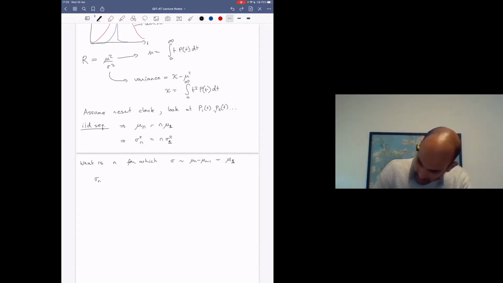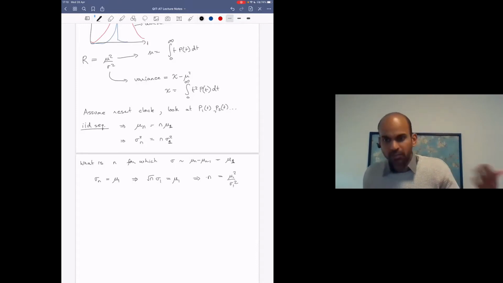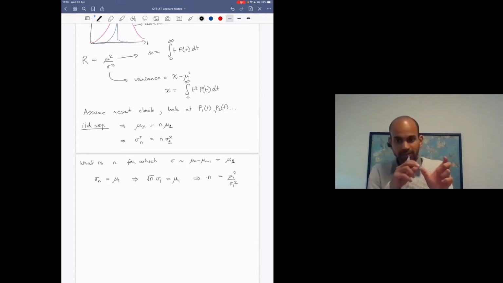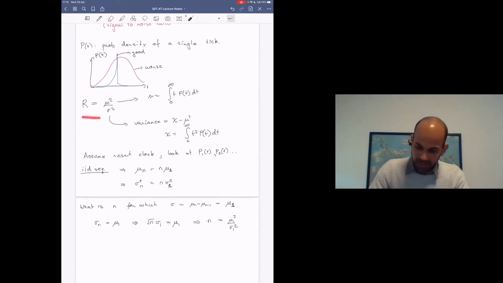Oh, sorry, sigma n must be equal to mu1, which means that square root of n times sigma 1 must be equal to mu1, which means that n is equal to mu1 squared over sigma 1 squared. Which means the average number of ticks before the clock is so uncertain that the uncertainty is of the order of the period between ticks is exactly this ratio mu squared over sigma squared, which is why we define it as our precision R.